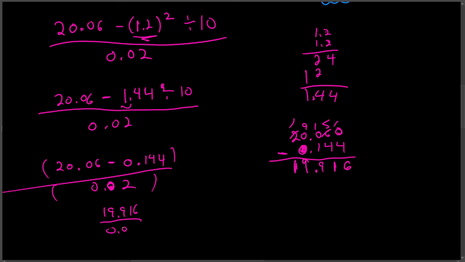And now I'm going to divide by 0.02. So I'll go to my long division. I'll have to move my decimal place over 2 here, which means I have to move it over 2 here. So 2 goes into 19 9 times.